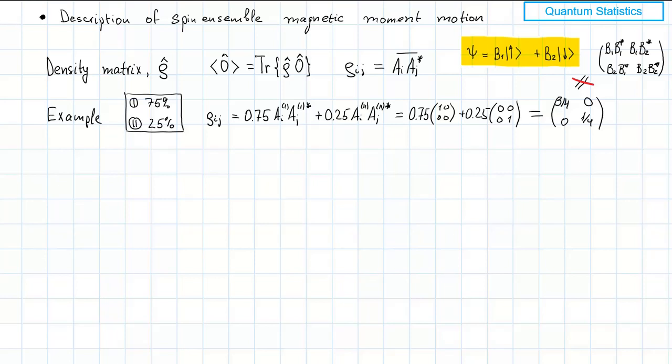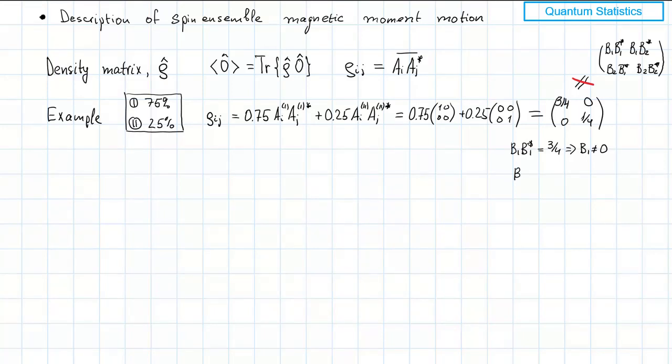Okay, let's assume that we can construct such a density matrix with zero off-diagonal elements, just from B1 and B2. In this case, we will have that B1 multiplied by B1 star is equal to 3/4, which means B1 is not equal to 0.